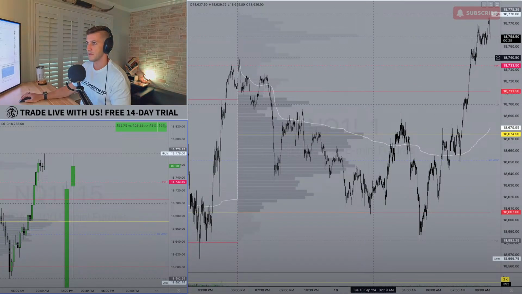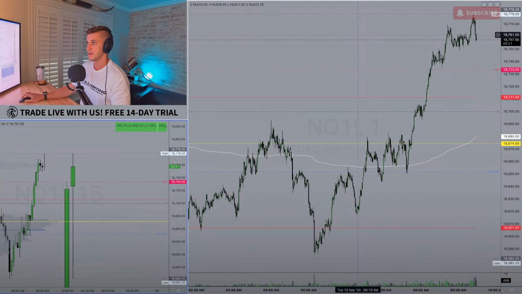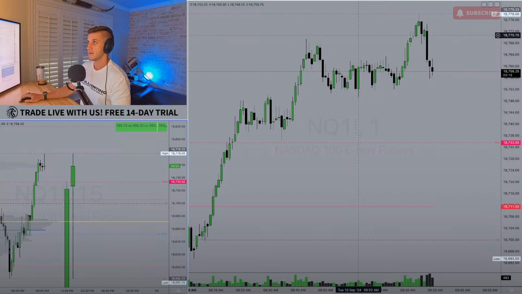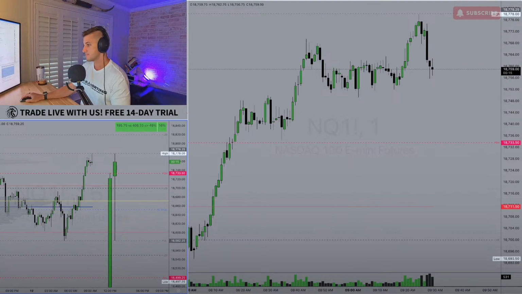How's our volume profile looking? So we almost have the volume point of control shifting right here into the 760 area. We have the open here in about 20 seconds. Let's see how we're looking at the open.